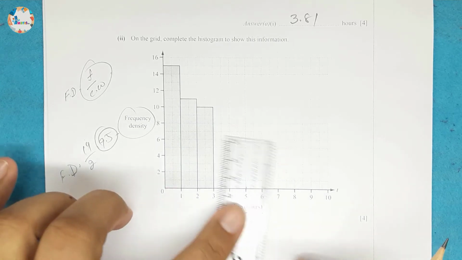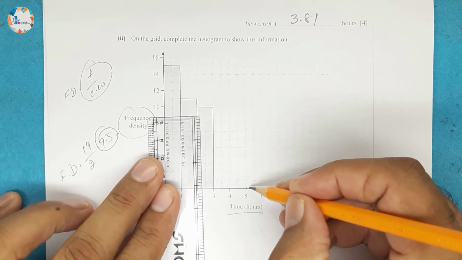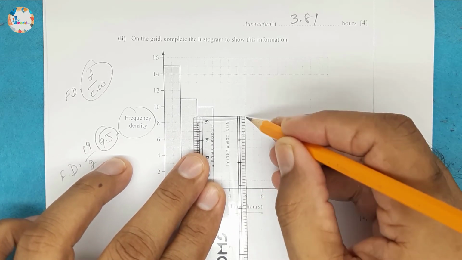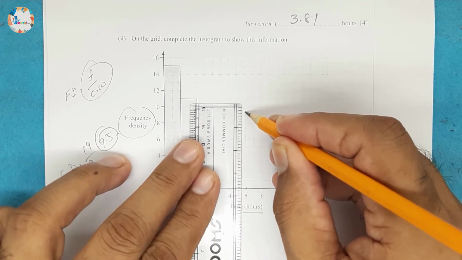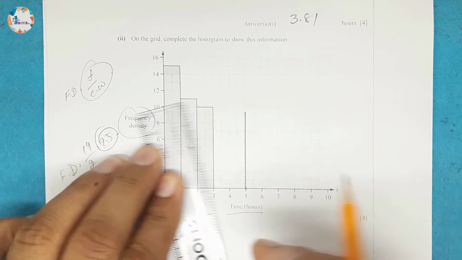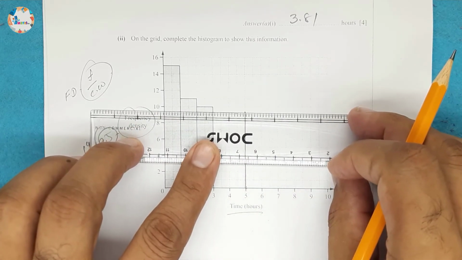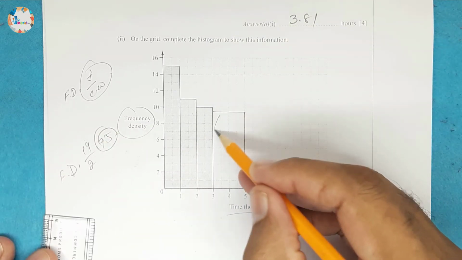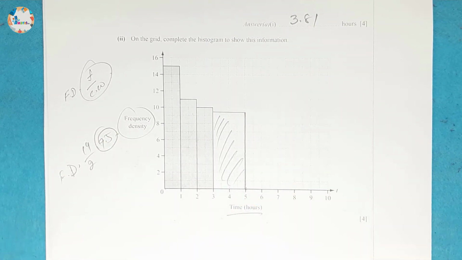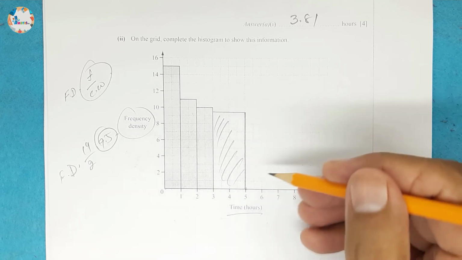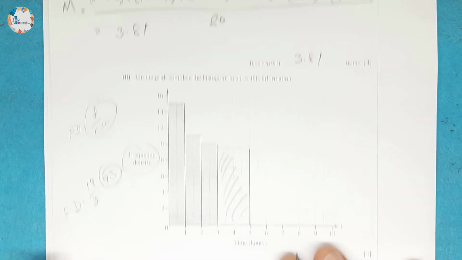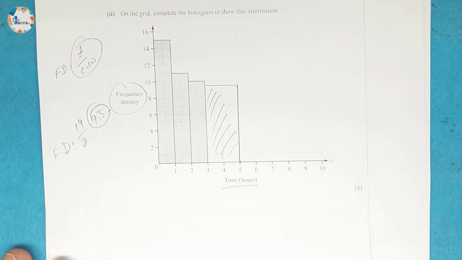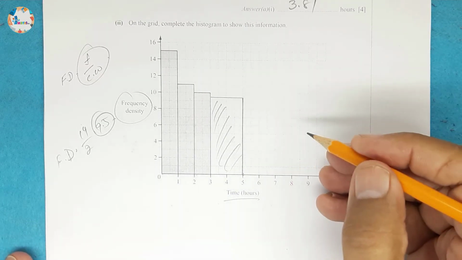9.5 will be the height from here. 9.5 is here, so up to this point. We can draw the bar and we have to close the bar from the top as well, and this will be our block. Next will be 5 to 7, which also has a width of 2, and frequency 13, so 13 divided by 2 will be 6.5.